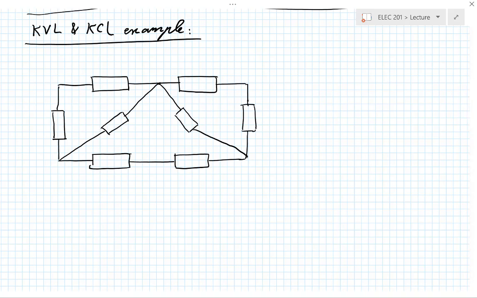Okay, so before I do it, I want you guys to take a couple of minutes, see if you remember how to write KVL and KCL, all the applicable KVLs and KCLs for a circuit like this, as a little exercise, and then we'll do it together. But remember that before doing that, you first have to give names to the voltages and currents of each element, right?